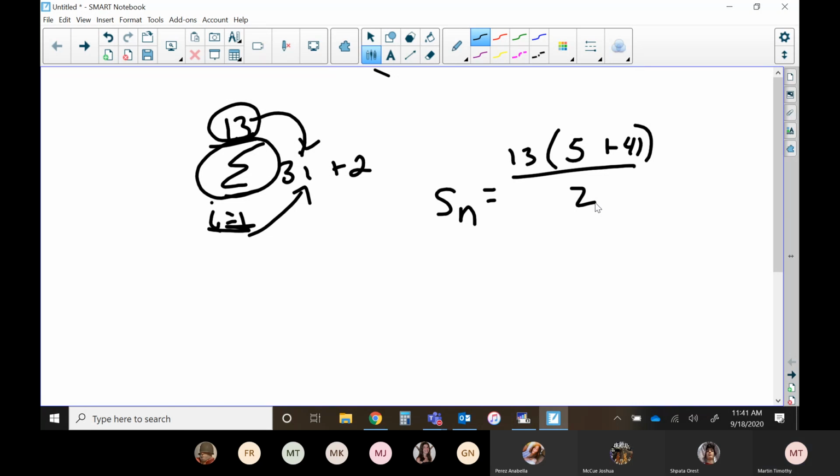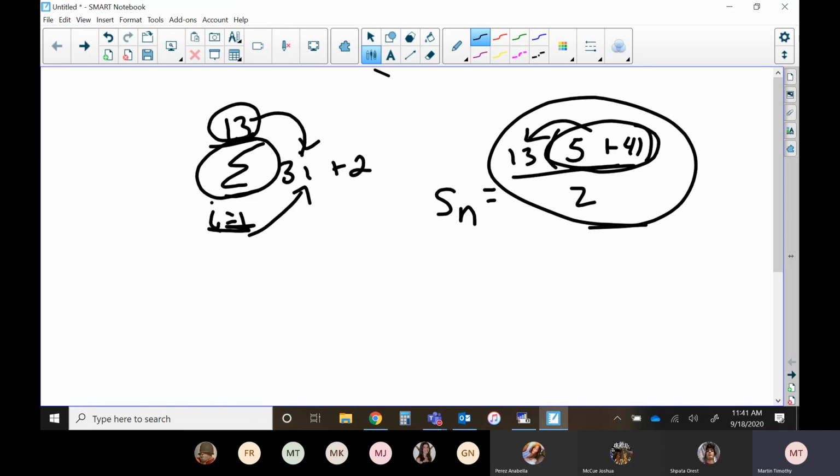And again, I'm not finishing because I'm hoping you can do this in a calculator. I'm just setting it up because the setup is what I care about. Add the 5 and the 41, times 13, divide by 2. Got an answer. Use your calculator. Now watch, please. This is what I've been trying to set you up for.